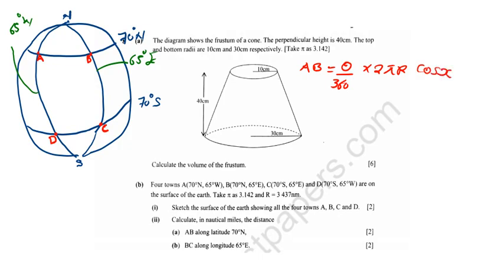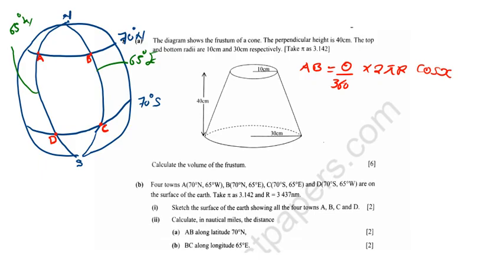That's the formula we use when finding the distance of points which are in the same latitude, where theta stands for the difference in longitude and x stands for the latitude where they are lying.